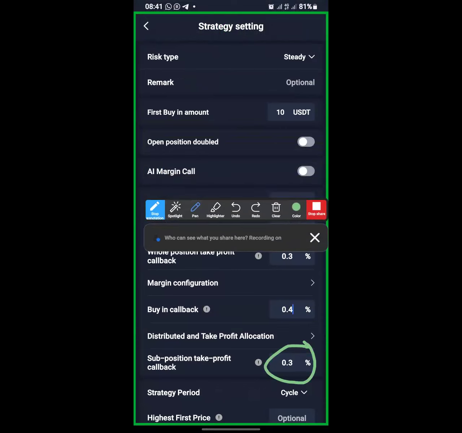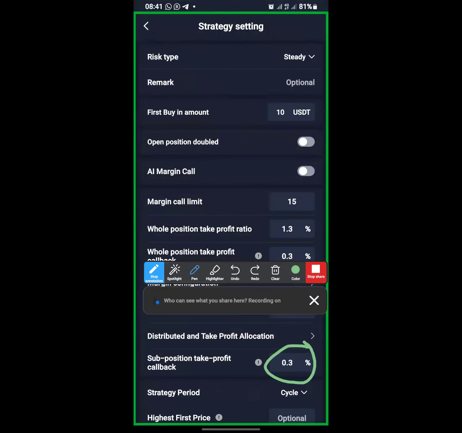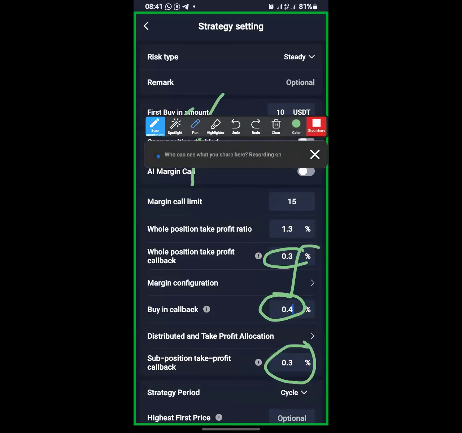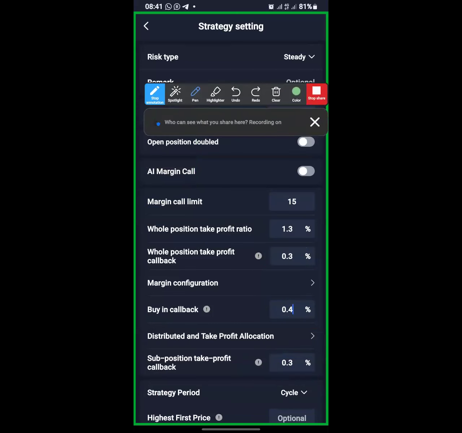If you're trading sub positions, these callbacks work on the first 4 margin calls. How about the 5th margin call and other margin calls? Because they are independent, they have their take profit callback, but they don't have the buying callback.